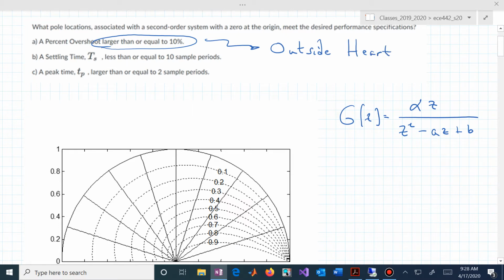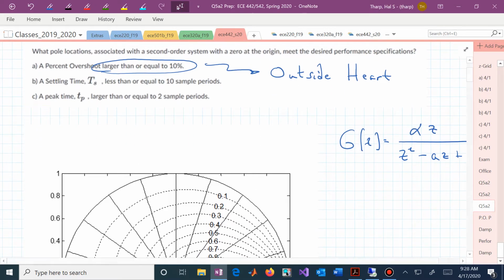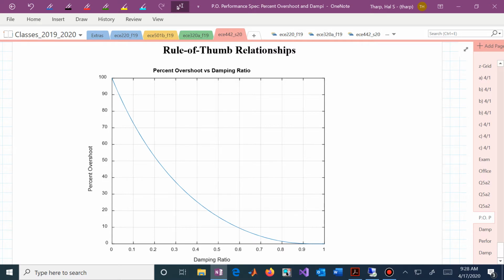And what's the heart? We say a percent overshoot larger than 10%. I like to have this page in front of me, and if somebody says you want a 10% overshoot, I immediately see that that's indicating a zeta of 0.6.